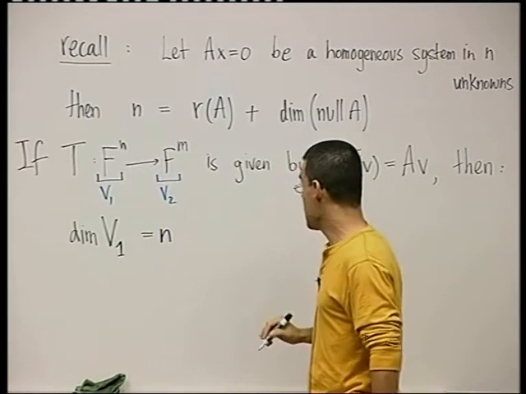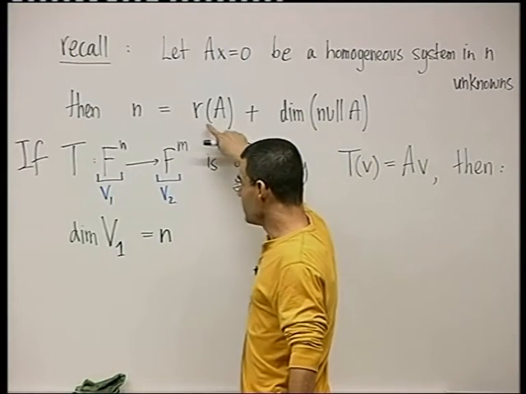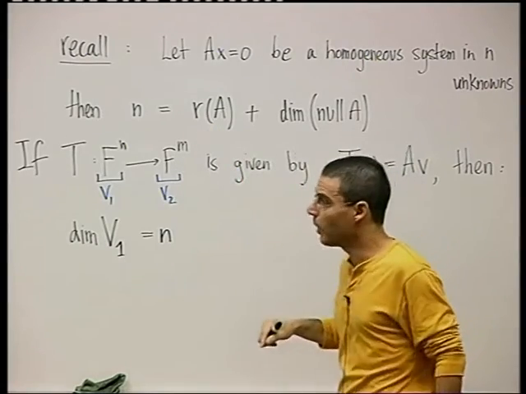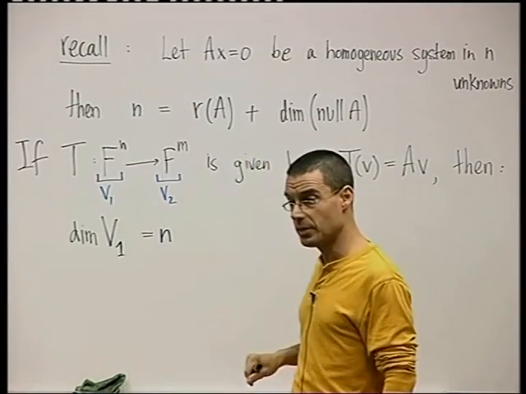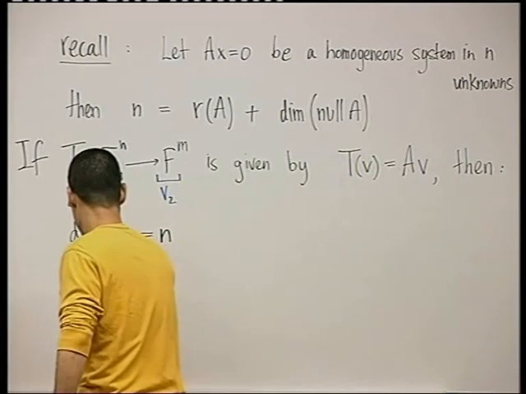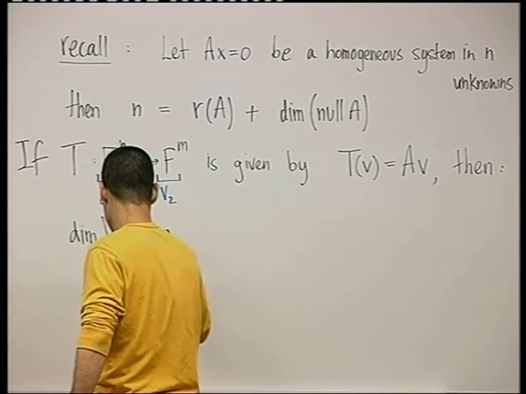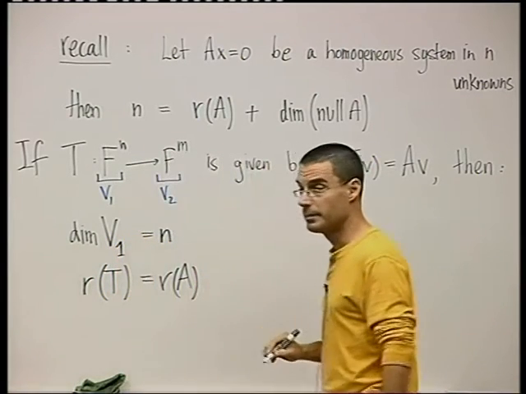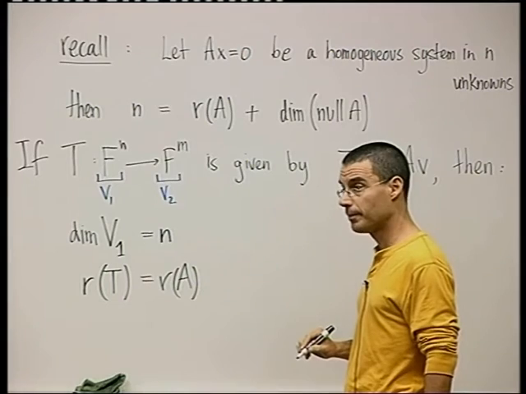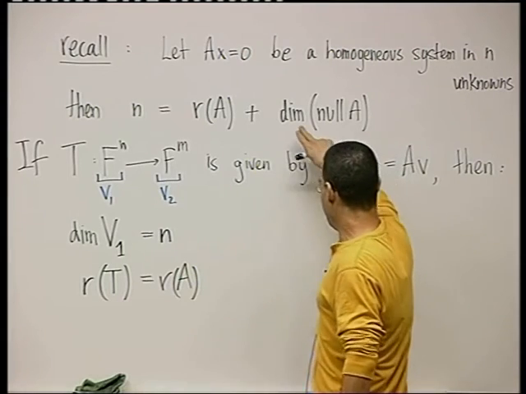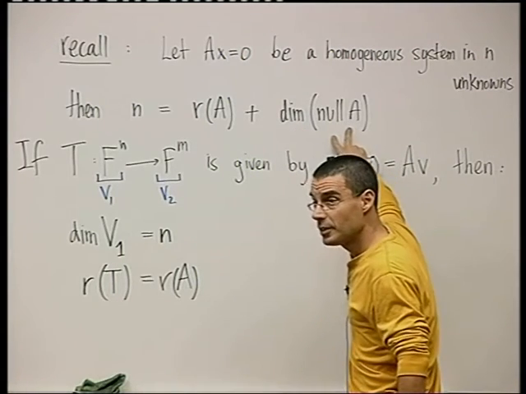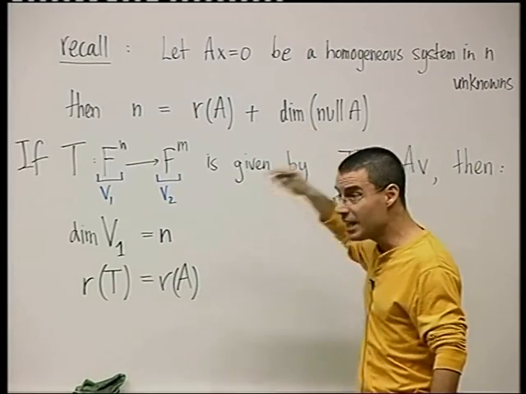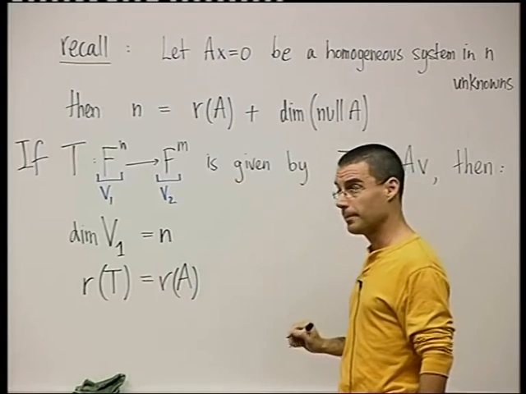The rank of A is the rank of T. That was part 2 of the previous theorem. The rank of T is just the rank of A. Do you agree? By the previous theorem. The dimension of the null space is the same as the dimension of the kernel, because the null space is the kernel by part 3.